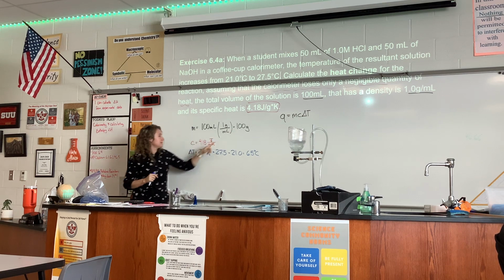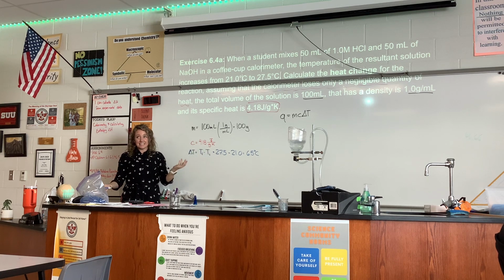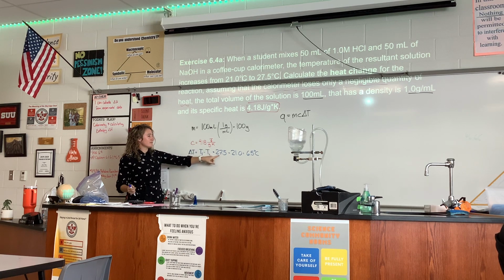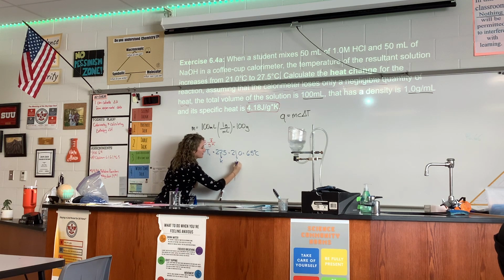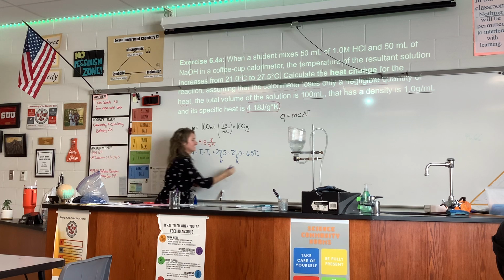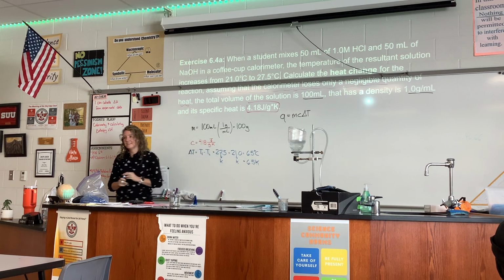So grams is going to cancel to grams, but our temperature in this case needs to be in Kelvin because it's in Kelvin up here. The nice thing is if I were to convert this number to Kelvin and this number to Kelvin, I'd still get 6.5.